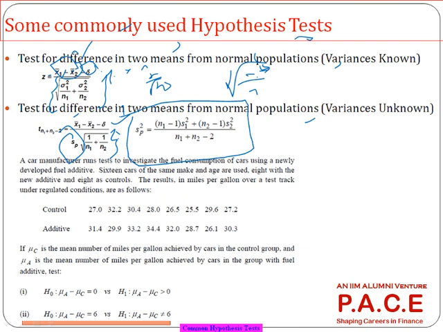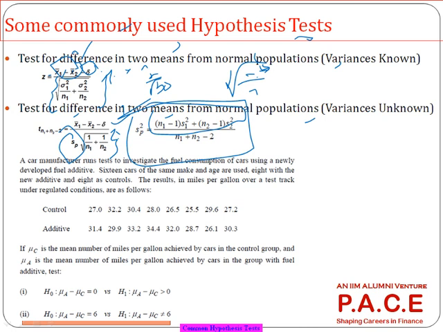It's like a weighted average variance, where n minus 1 times the variance is like the sum of squares from the mean. So it is n1 minus 1 times s1 squared plus n2 minus 1 times s2 squared, divided by n1 plus n2 minus 2, as if I have pooled the entire data. That is what will give me the combined pooled variance.